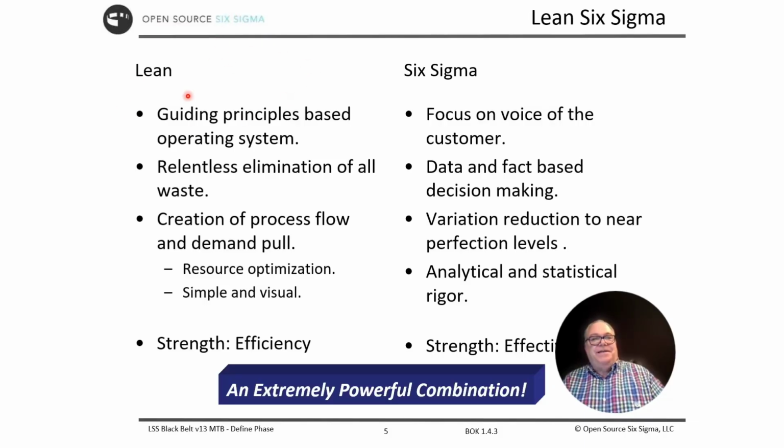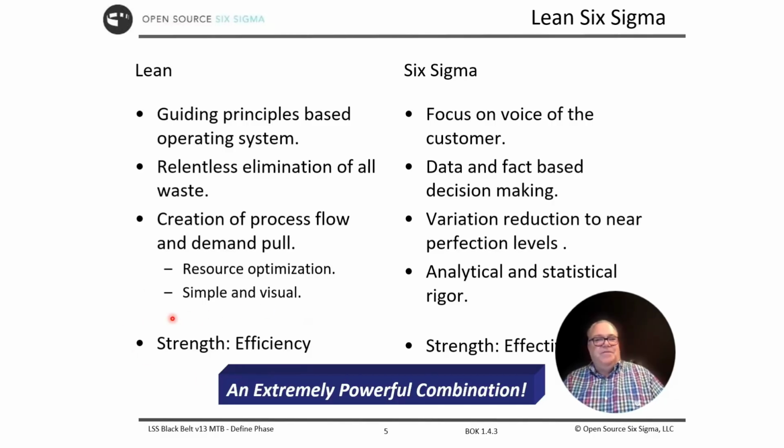So on the lean side, based on the Toyota operating system, we want to get waste out of the system, relentless elimination of waste, flow, and we're going to talk more about that as we go through, but it's all about creating flow and getting rid of the roadblocks that stop flow in the process, right? We want to continue to add value as we go from step to step in our process.